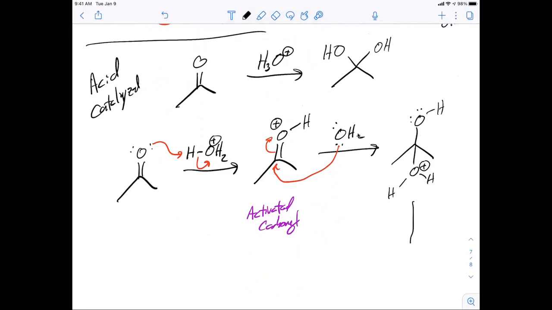And then to get to the stable hydrate, right, we need to remove the proton. So we'll get a proton transfer.